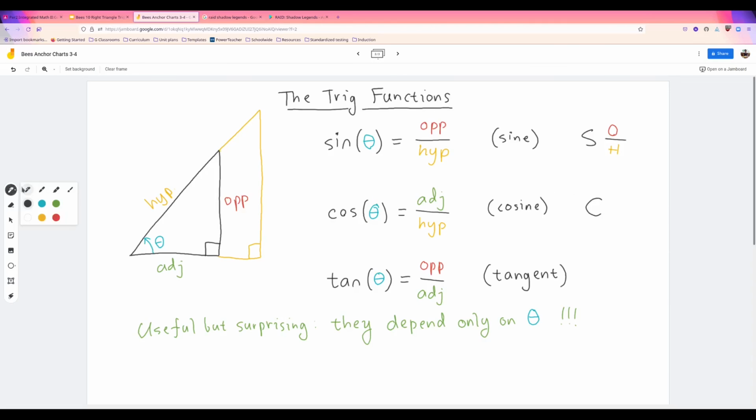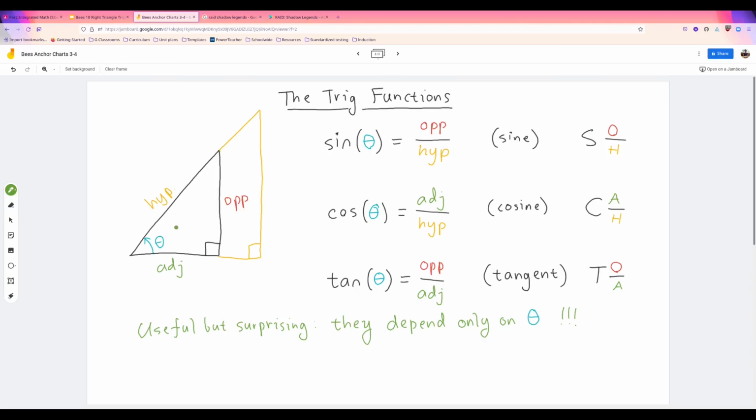Cosine is adjacent over hypotenuse. And tangent is opposite over adjacent. TOA. SOHCAHTOA.